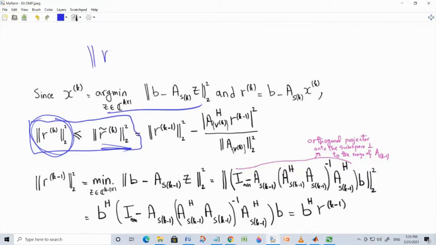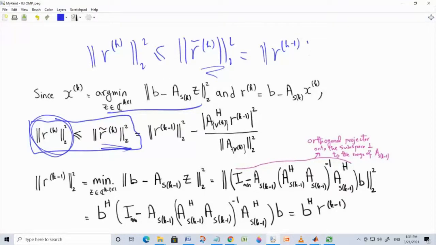So it's always the case that this one is less than or equal to this one, and from the previous page, this one is equal to the two terms I talked about: R_{k-1} squared minus this inner product squared divided by the L2 norm squared of A of v of k.